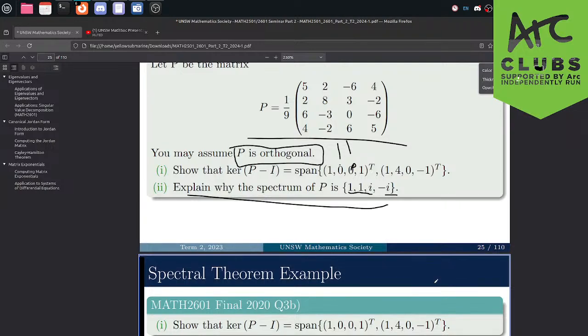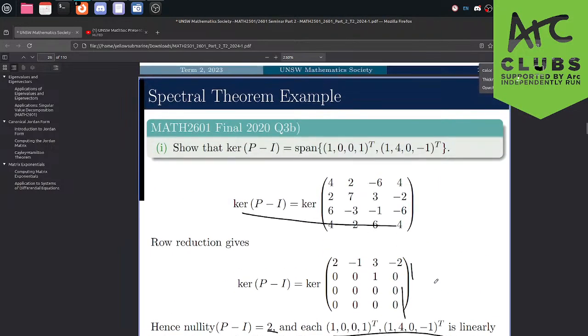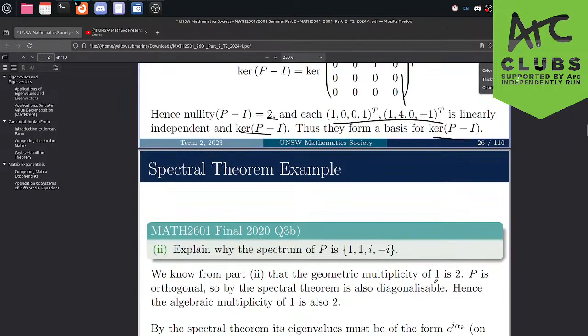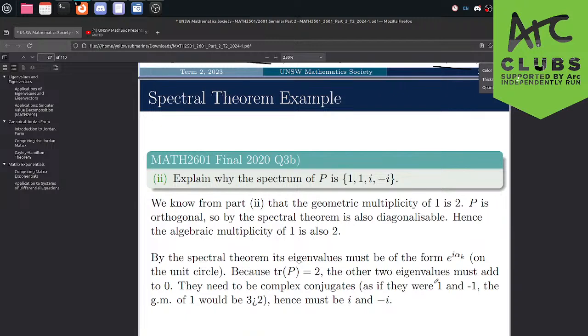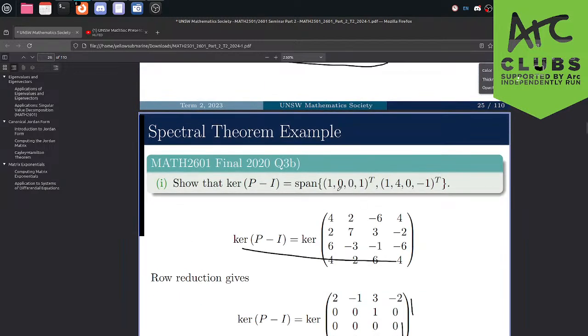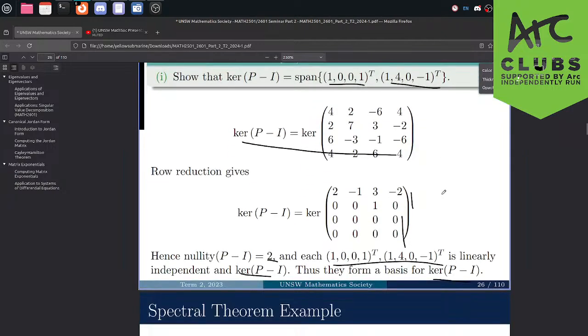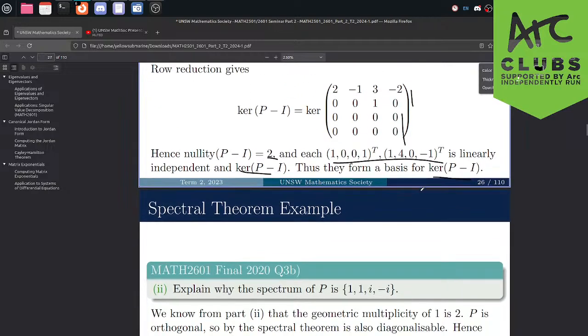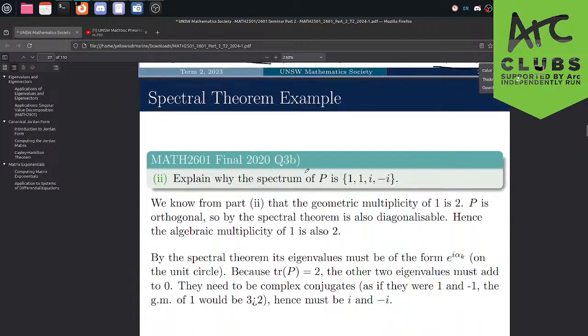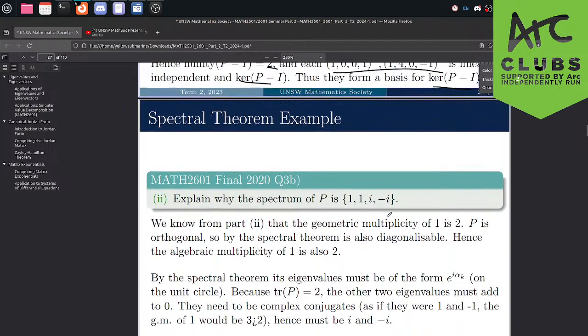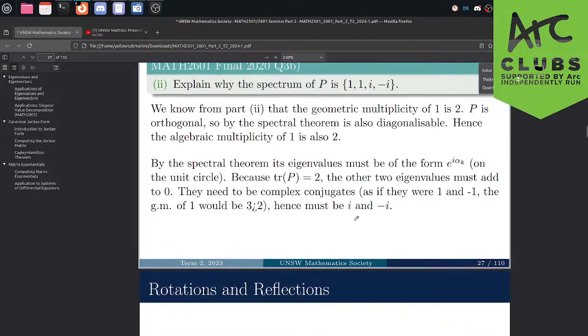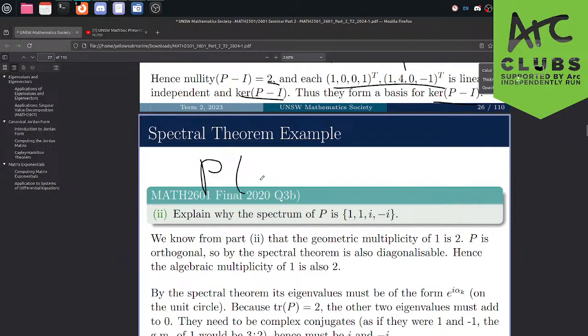Cool. Another option is to multiply P by each of these vectors, find that they're eigenvectors, and conclude that they both have eigenvalue 1 and also that they lie in the kernel of P minus I. It's not mentioned here, but you can do a calculation which basically goes: P times each of these vectors, 1, 0, 0, 1, is equal to 1, 0, 0, 1.